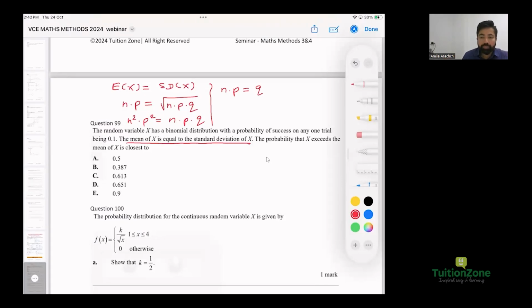Is anything else given? What's the 0.1 in the question? That's the probability of success. Literally, this is your p value. Oh, look at that. So you know the p value. Anything else apart from p?